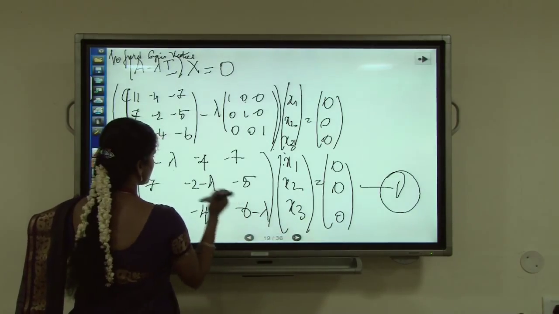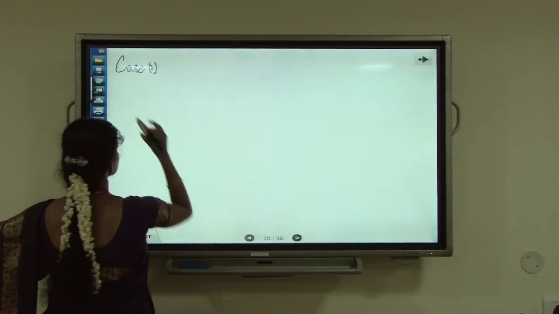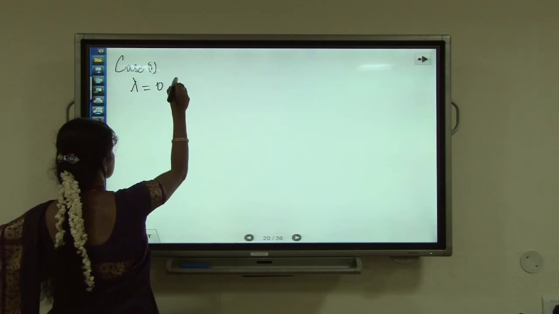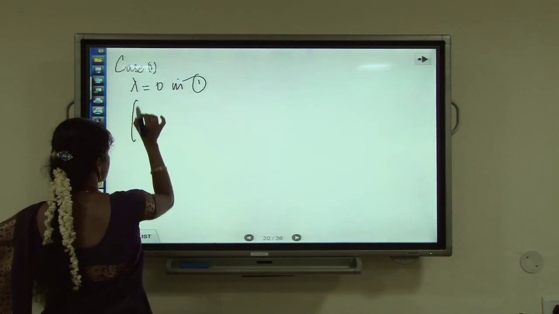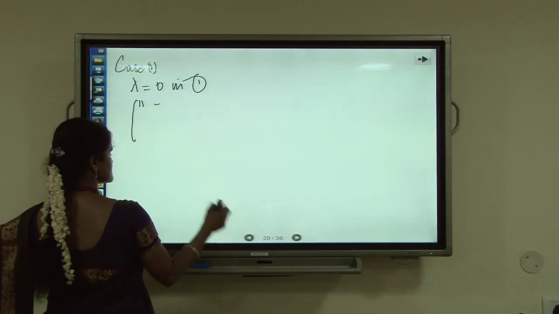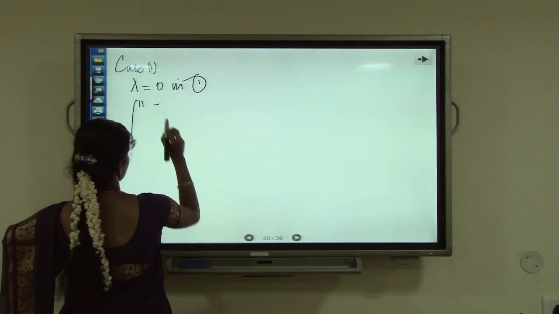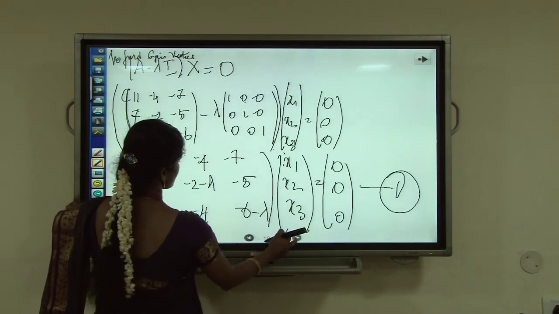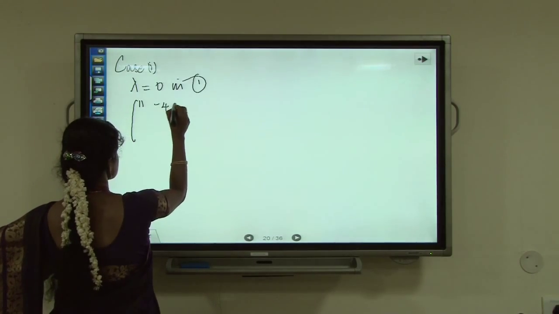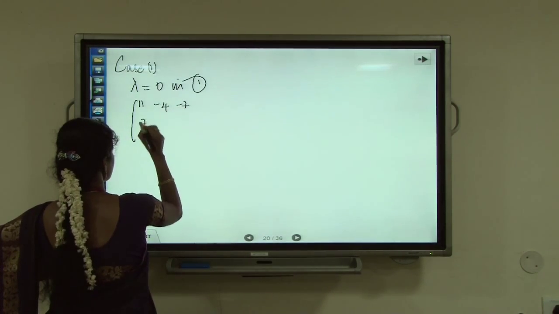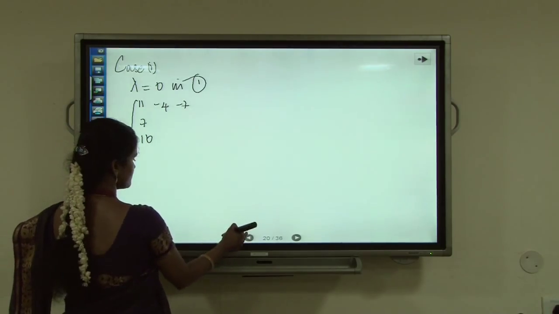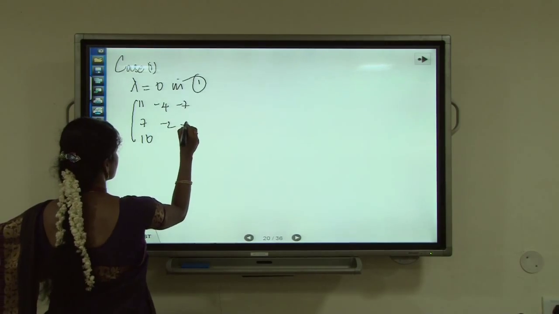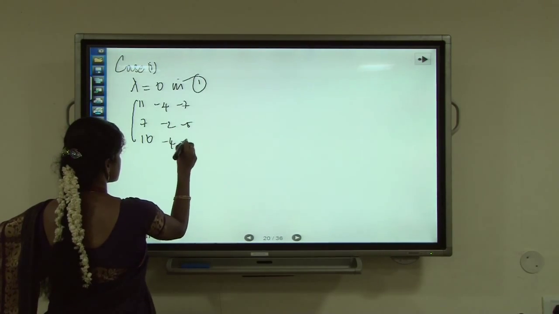As we substitute lambda equal to 0 in the first equation, we get the matrix 11, minus 4, minus 7; 7, minus 2, minus 5; 10, minus 4, minus 6.